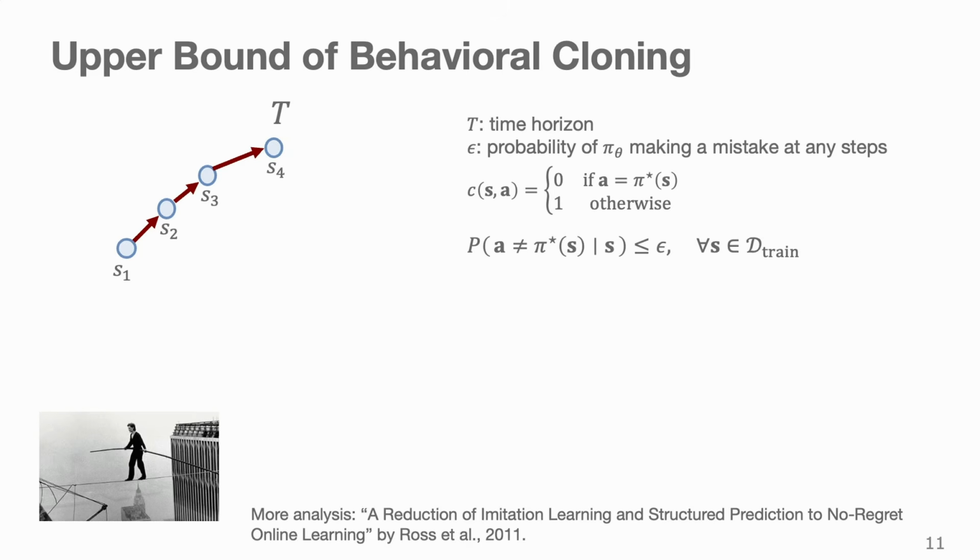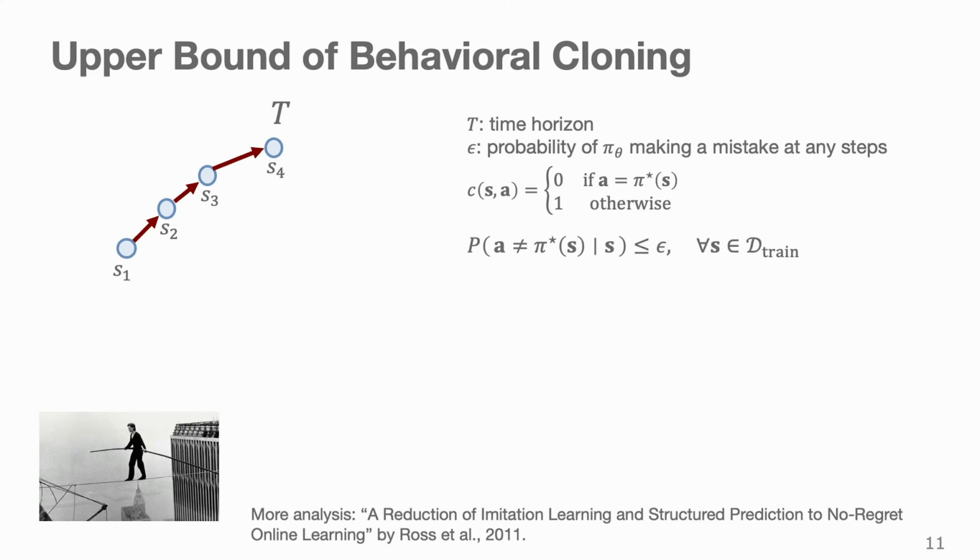And so in standard supervised learning, as we said before, you might expect this error to be linear, something like epsilon t. But this is not the case in behavior cloning.